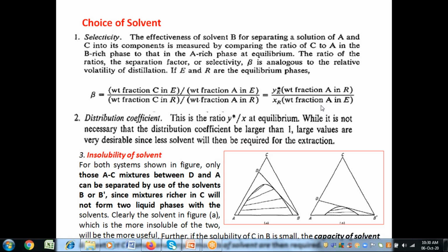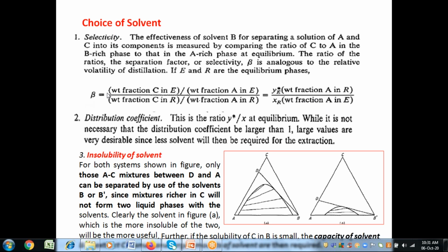Then you can see that usually the weight fraction of A, for example A is the feed solvent, A doesn't go into the extract solvent, because you should select E such that A should not be dissolved into it. So if it is dissolving very little, this value will become very low.